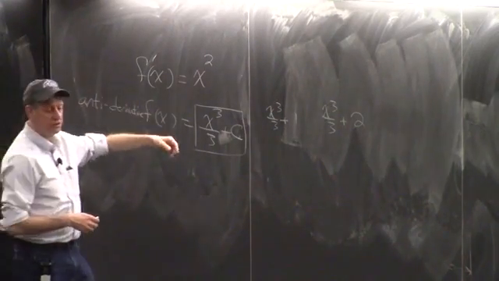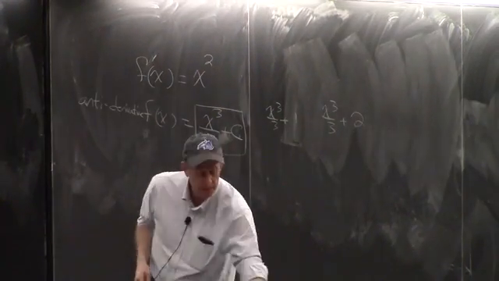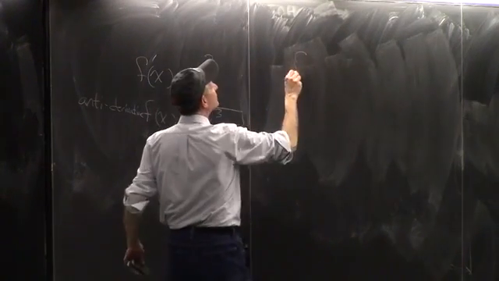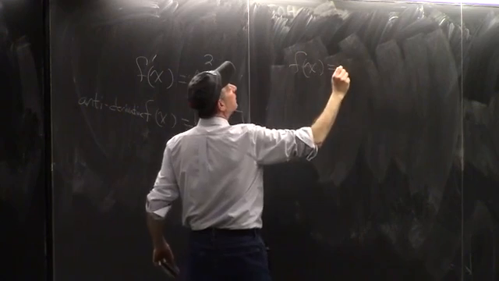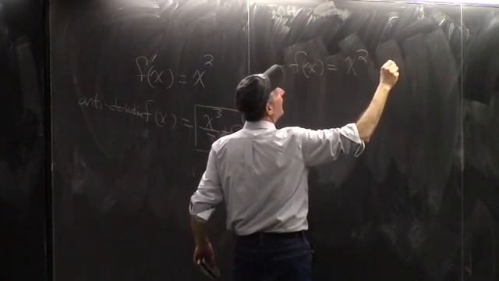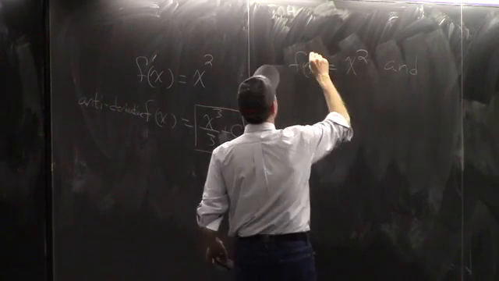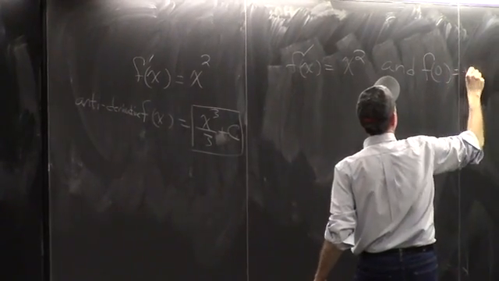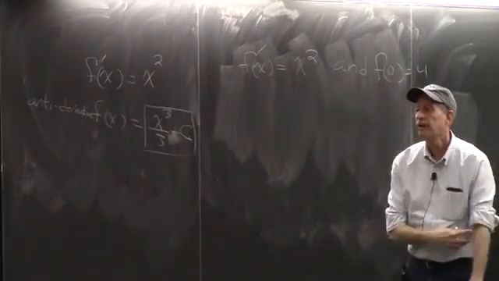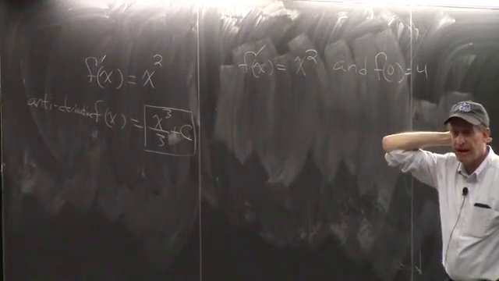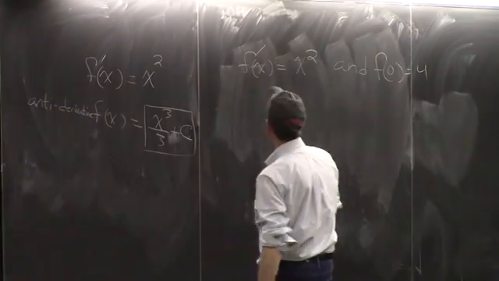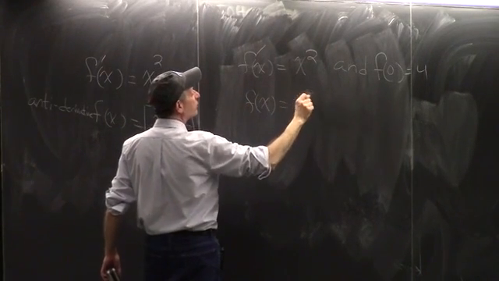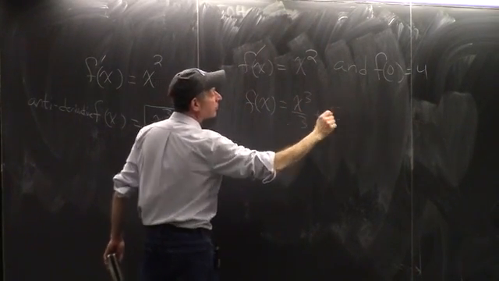So suppose I told you that f prime of x equals x squared, and f at 0 equals 4. And now we say, go backwards and figure it out. You say, well, I know the original function must have been x cubed over 3 plus a constant.